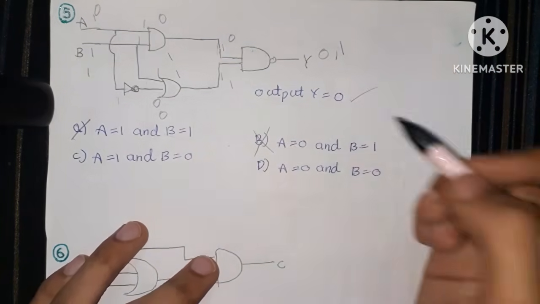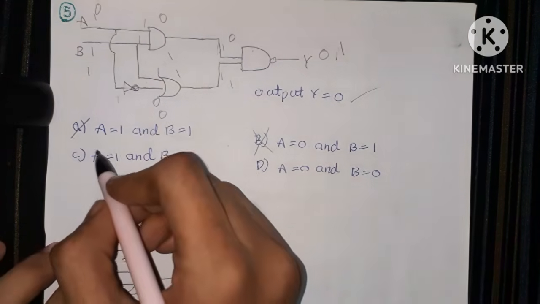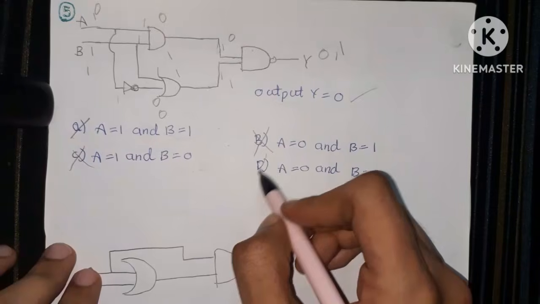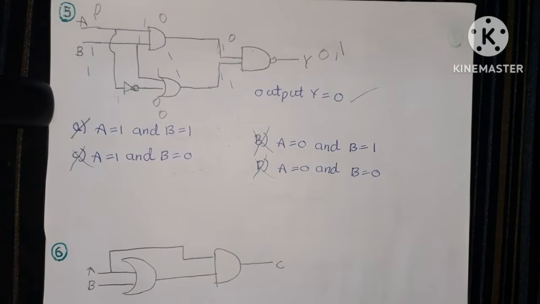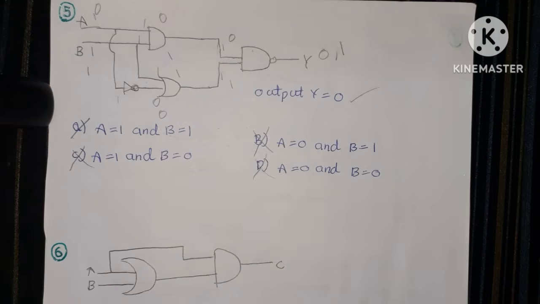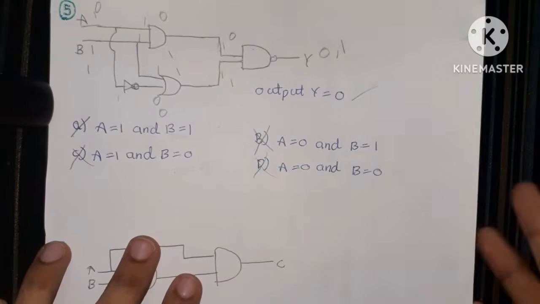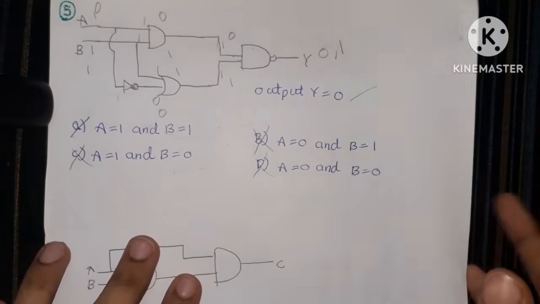So definitely option B is wrong. We need to check each and every option in the same method. So we can find that option C and option D are also wrong, because we have got option A as right. Once you also check C and D, you will see which is correct.